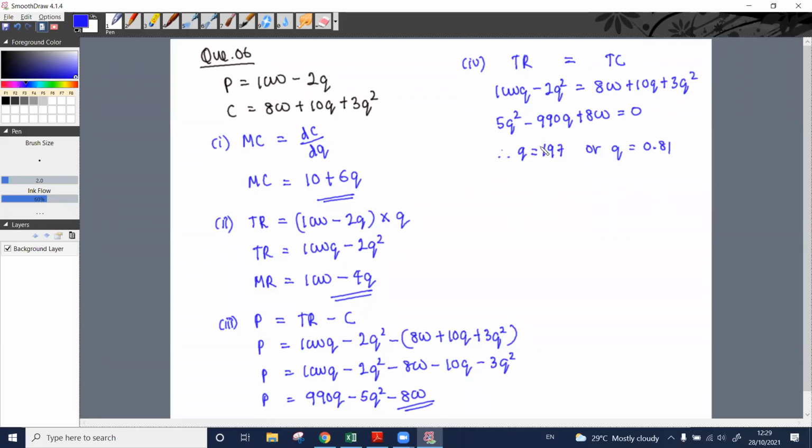So we are getting two answers. At break even, the number of units is 1 or 197 units, rounded off.